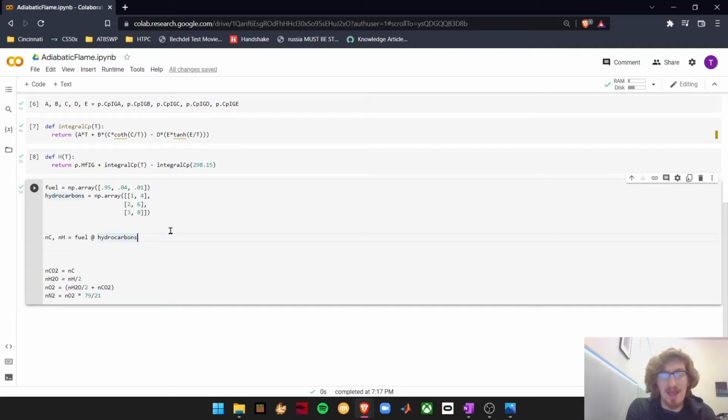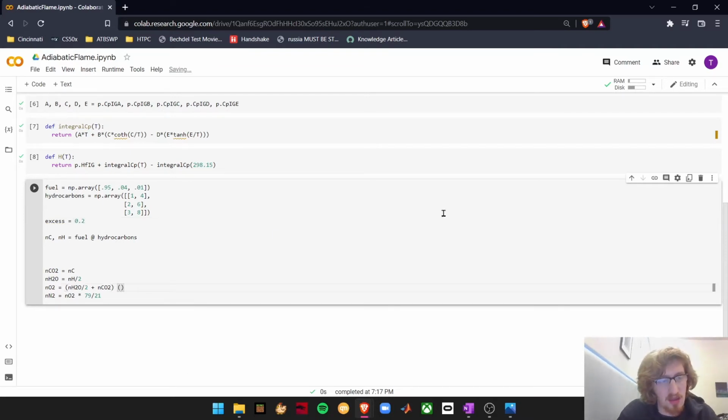The one thing that we need to add, though, is what happens when we put in excess air. And if we think back on what we talked about, any excess air is just going to go through the system, but we still need to include it in our enthalpy equations. So we'll say our excess is going to be equal to 0.2.